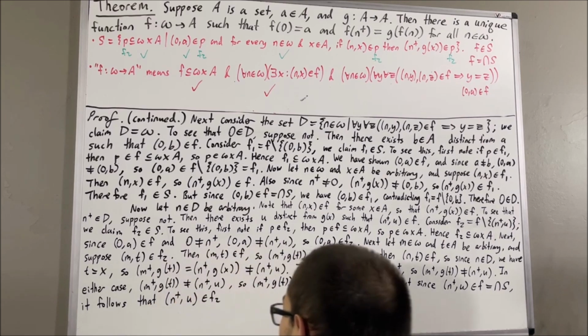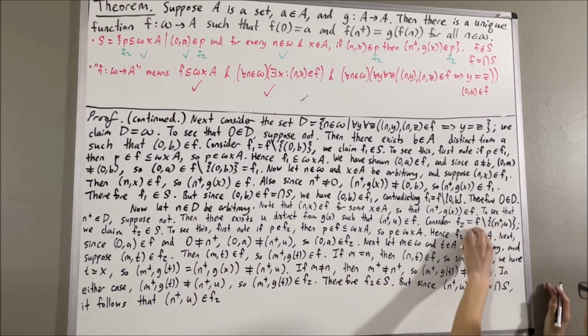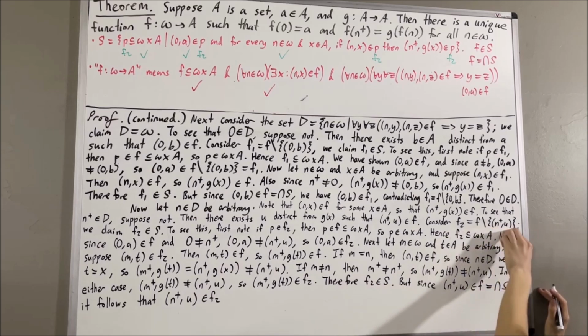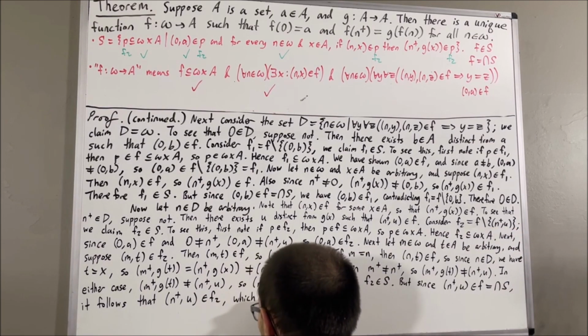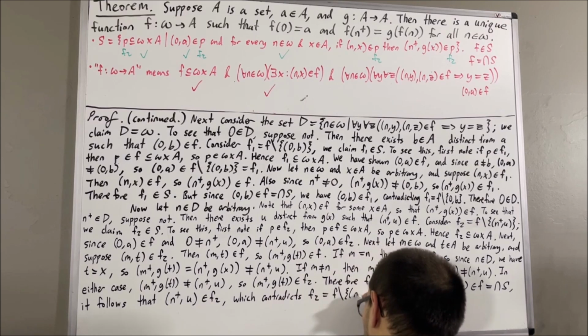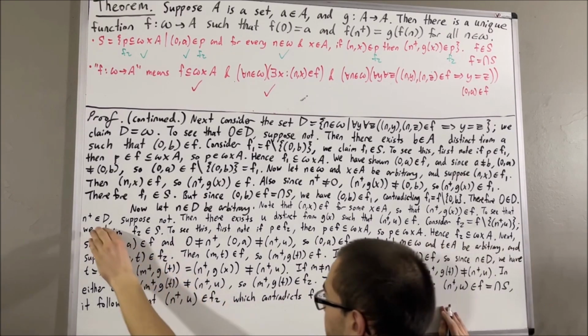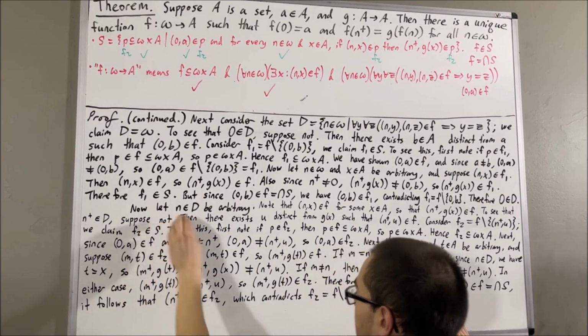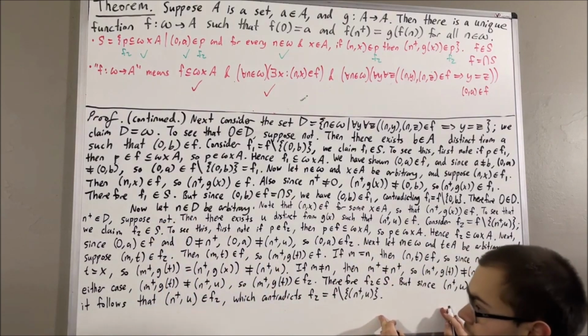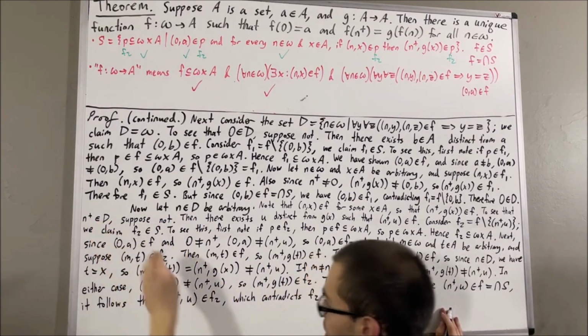But this contradicts the fact that F2 is the set F with successor of n comma u removed. Our assumption that the successor of n is not an element of D led us to a contradiction. So we must instead have that the successor of n is an element of D.